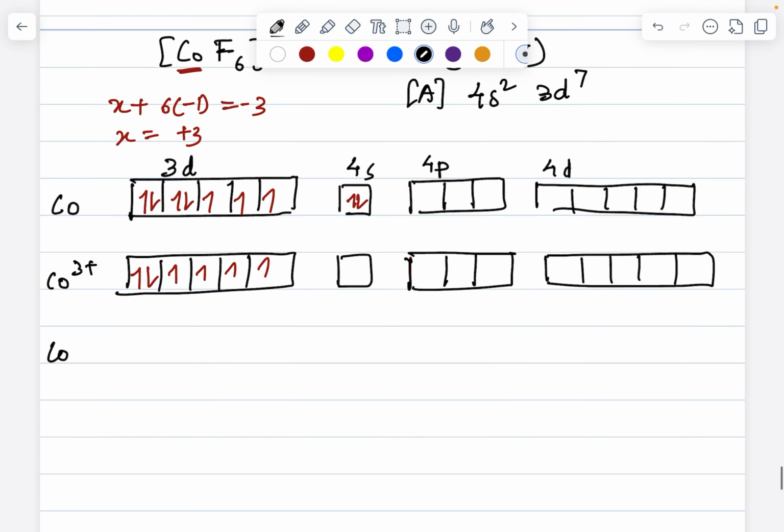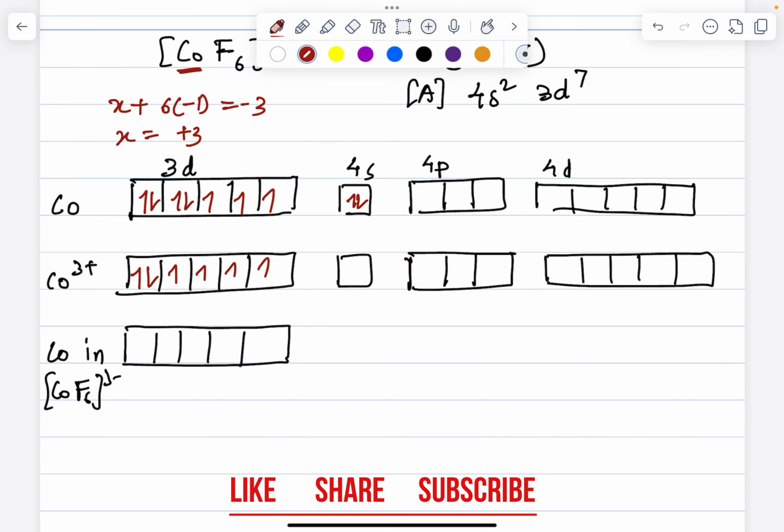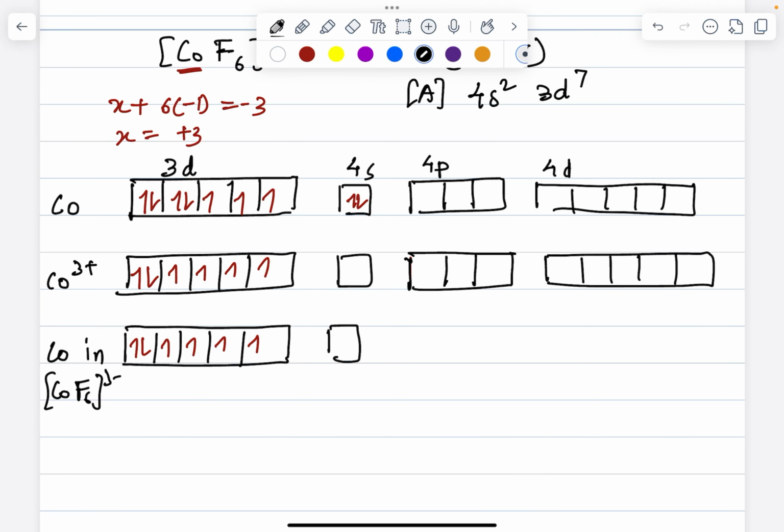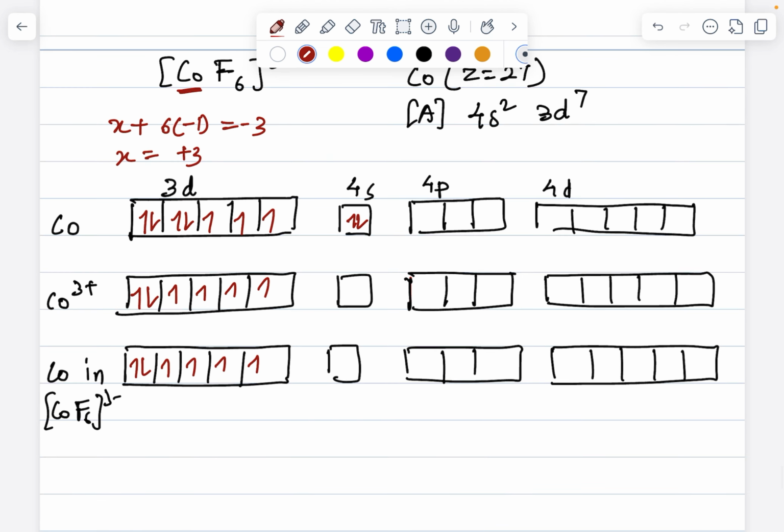So I will write cobalt in CoF6 3 minus: 1, 2, 3, 4, 5, 6. There are 6 ligands of F minus, one on each of these.